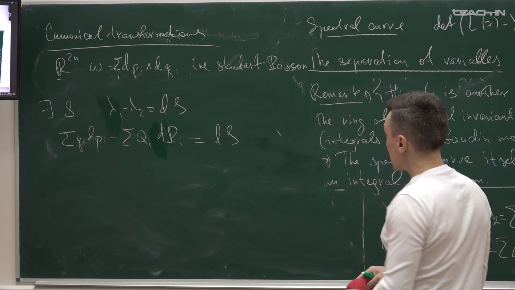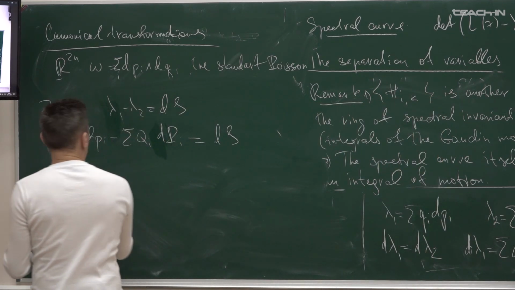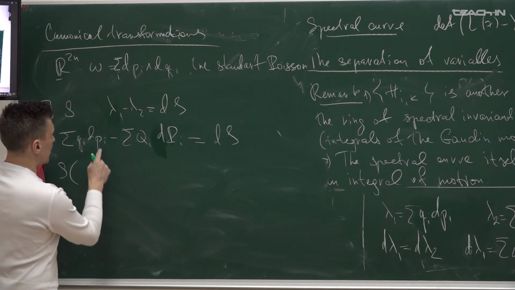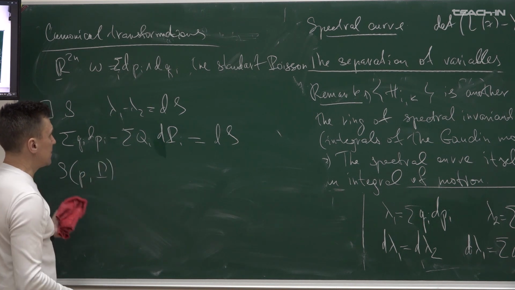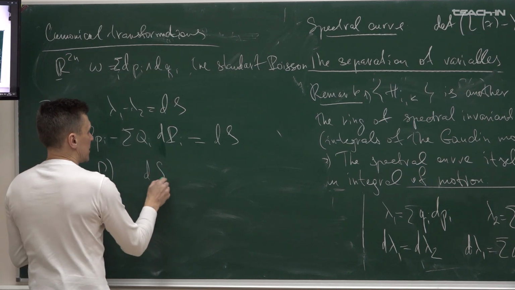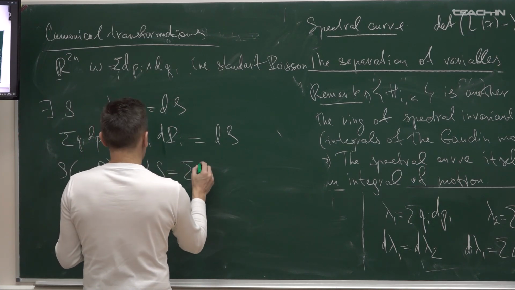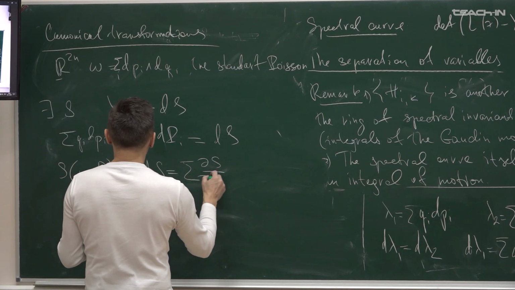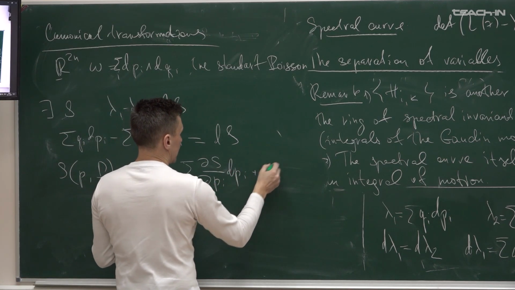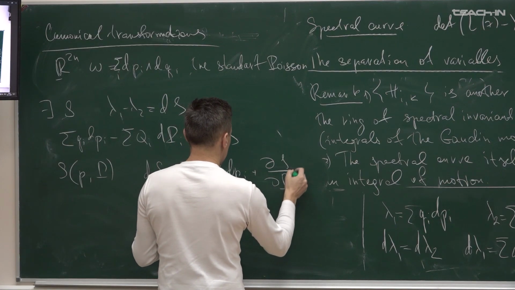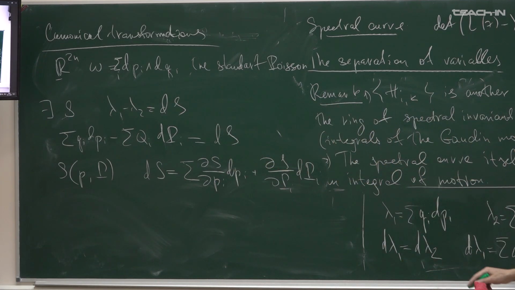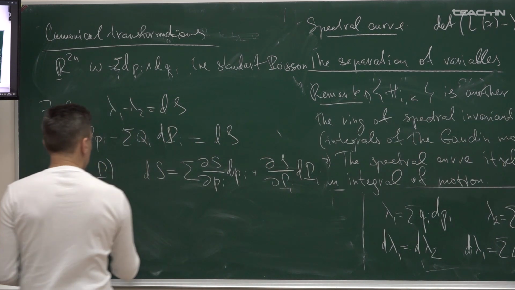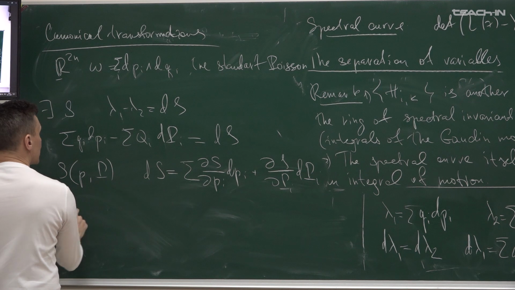So if we express this function in terms of coordinates q, small q, and big P, then its differential is just the sum of dS over dq_i dq_i plus dS over dP_i dP_i, and by comparing these expressions we get the definition of the generating function of the canonical transformation.